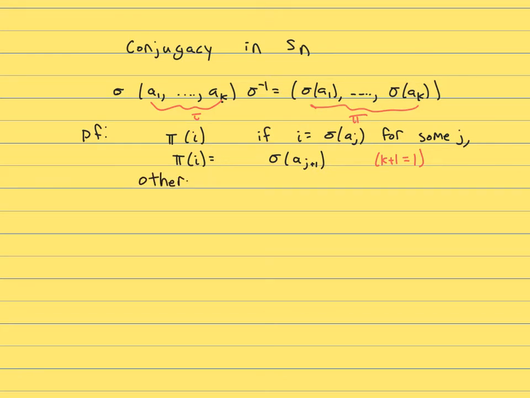Otherwise, it's a fixed point. Pi of i is just i. So that's what that calculation on the right is doing. What is tau of i? Well, what happens when i is equal to sigma of a_j? Then sigma inverse of sigma of a_j is just a_j. Or not tau of i, I should be computing tau of sigma inverse, sorry about that. I'm trying to compute this conjugation.